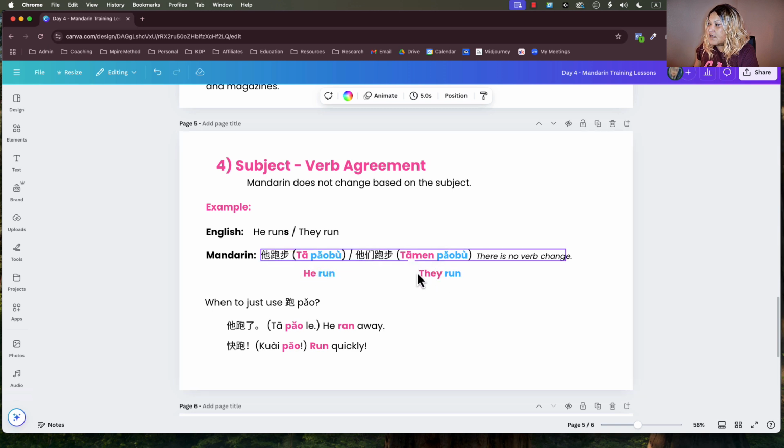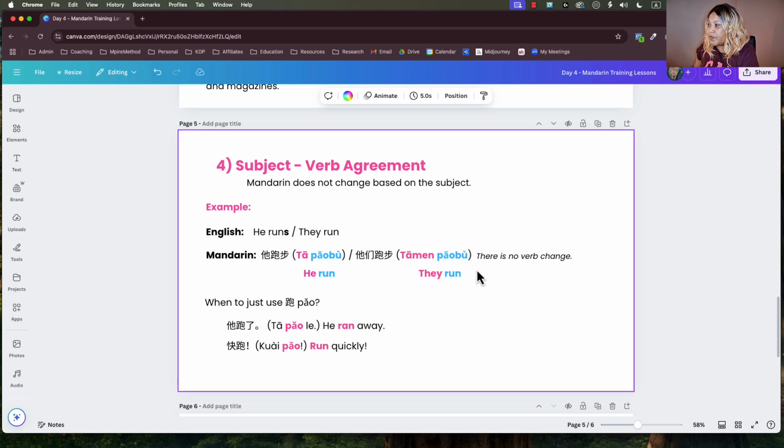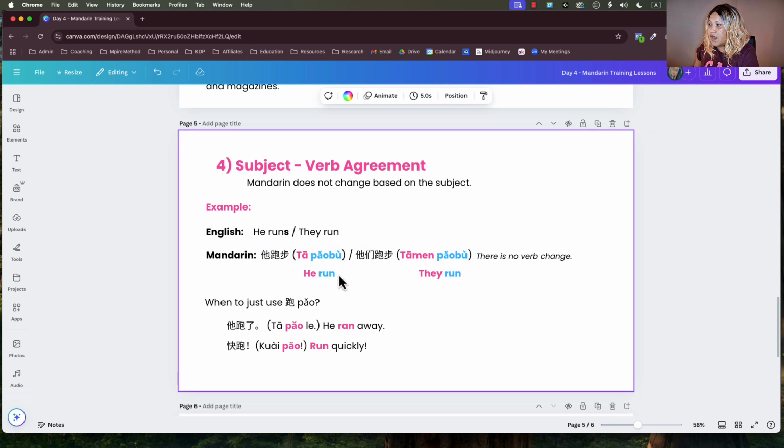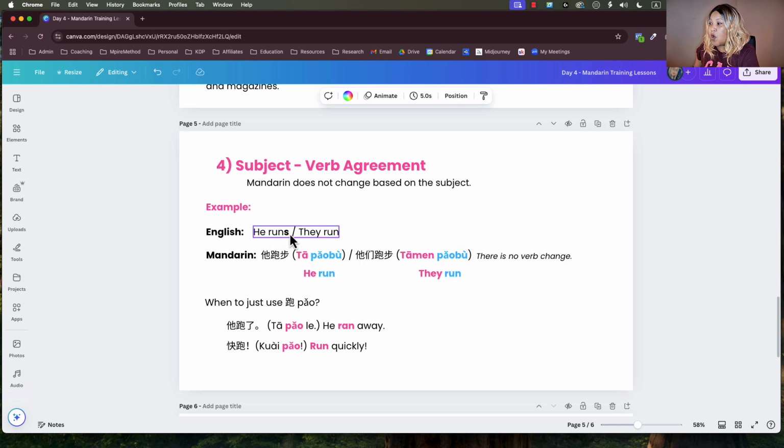And then if it's they run, it is tamen pao bu. There is no verb change. So the pao bu is the same, whether you're talking about he, she, or they run, he run. It wouldn't be ran or runs.